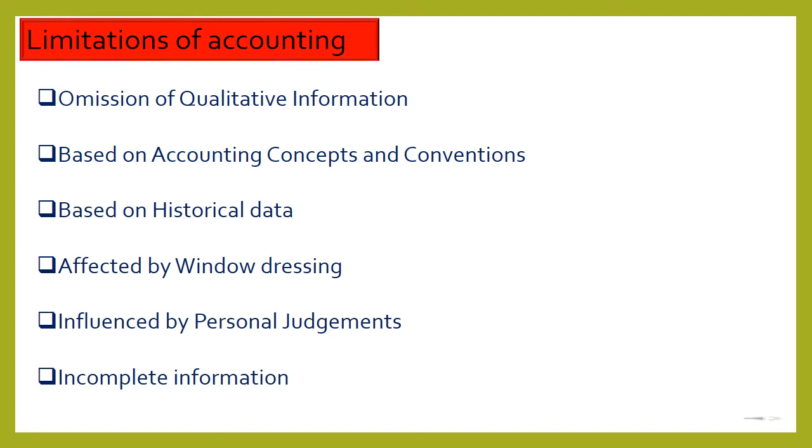For example, the purchases made at the end of the year may not be recorded or the closing stock may be overvalued. Hence, the correct decisions cannot be taken on the basis of such financial statements. Sometimes overvalue will be done for the assets. Sometimes the liability will not be disclosed properly. So all this will affect the accounts. They will manipulate the account to show higher profit. That is the window dressing.